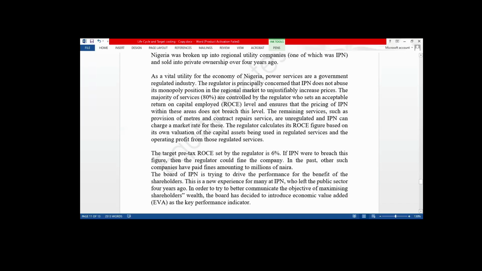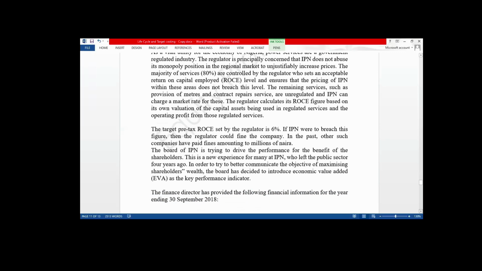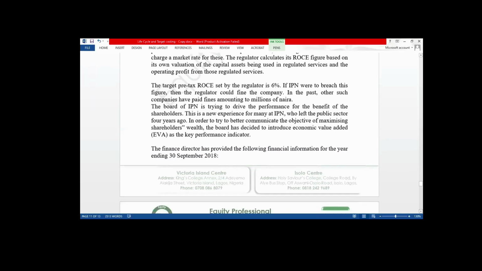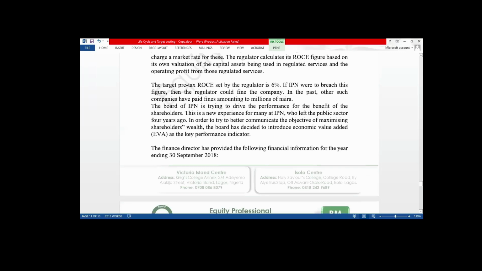The board has decided to introduce economic value added as the key performance indicator. The finance director has provided the following financial information for the year ending 30th September 2018.